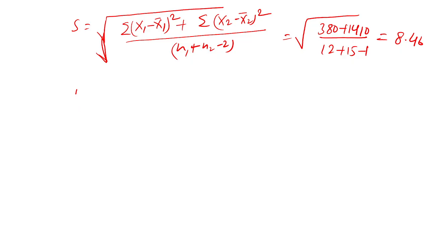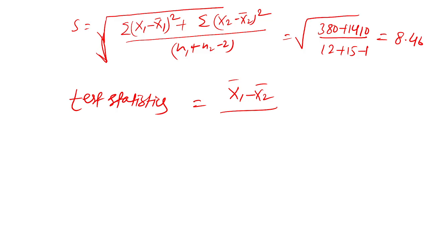So now the test statistic will be x1 bar minus x2 bar, divided by the standard deviation S times the root of 1 over n1 plus 1 over n2.